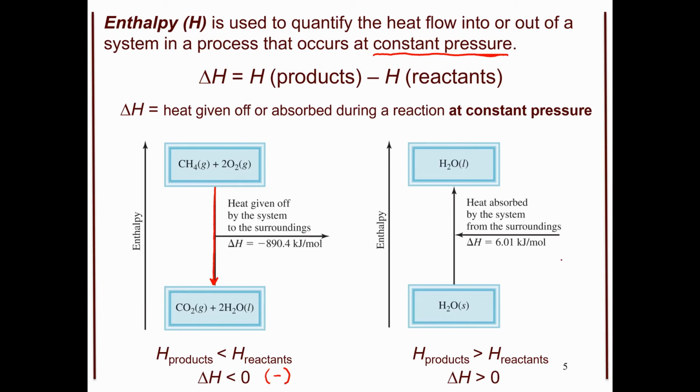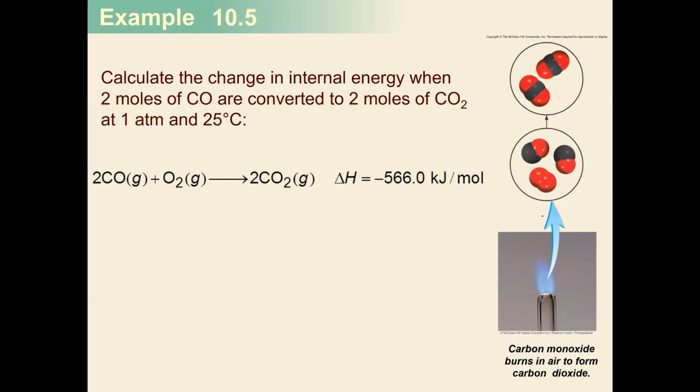Finally, if we go to the other side and you see our upward pointing arrow, you will notice that our products have more energy than that of the reactants. So if we were to do products minus reactants, we will get a positive value, and this would be an endothermic process. This is going to help us calculate many different reaction energies over the next couple of lectures.